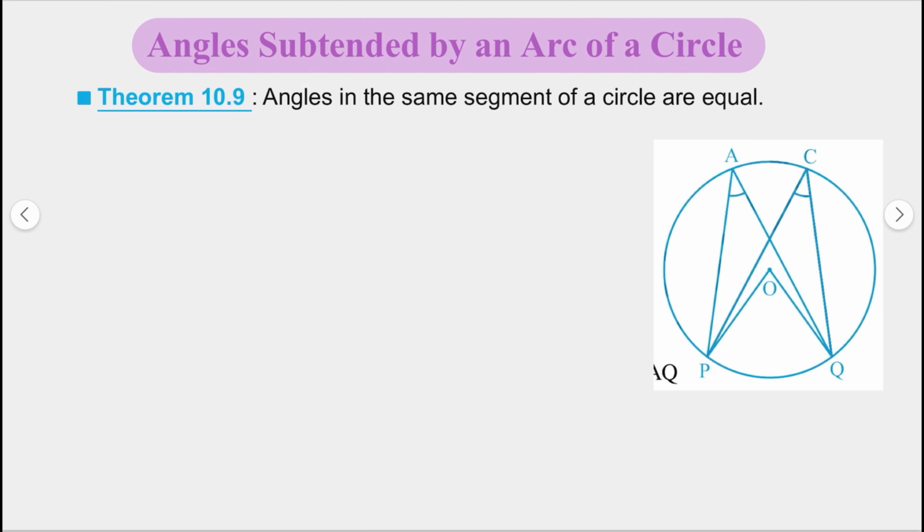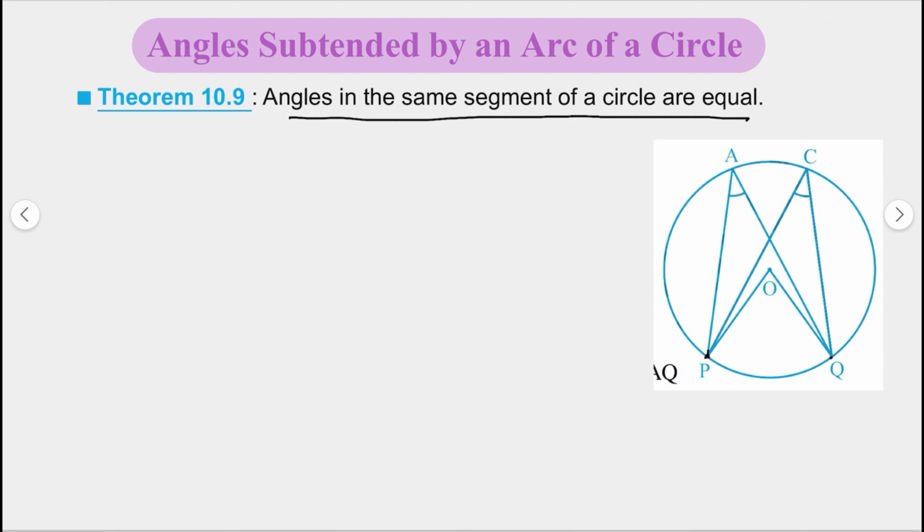This says angles in the same segment of a circle are equal. So what we have is this arc PQ. From here we can make as many angles as we want in any of the segments. Let's make the angle in the major segment.